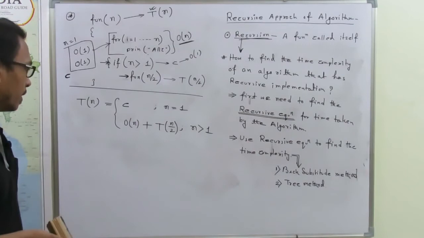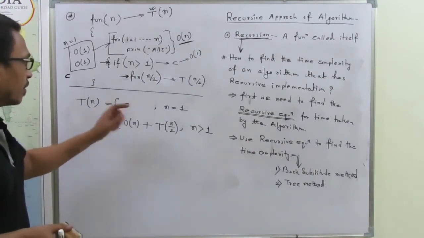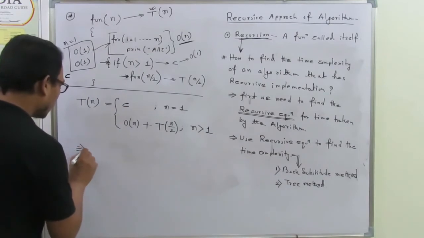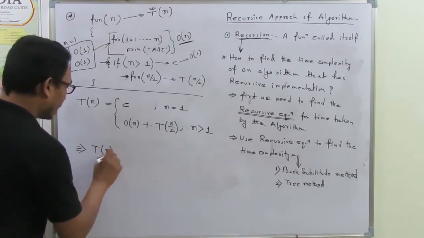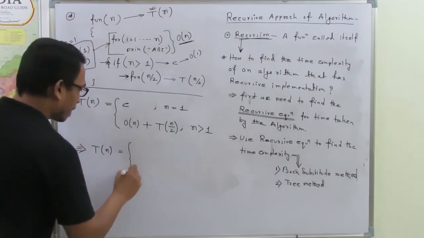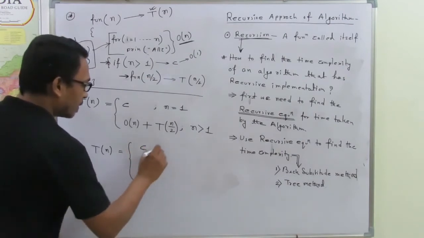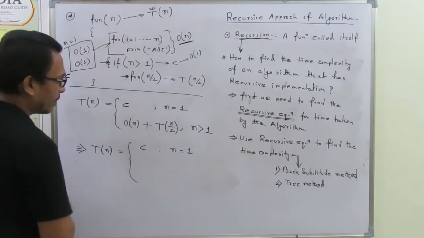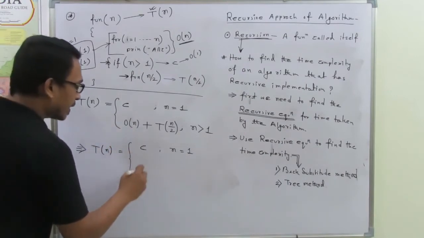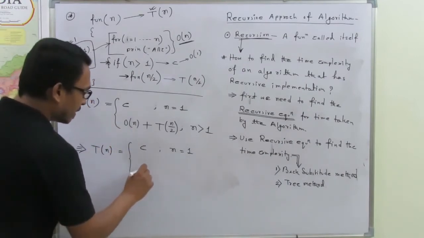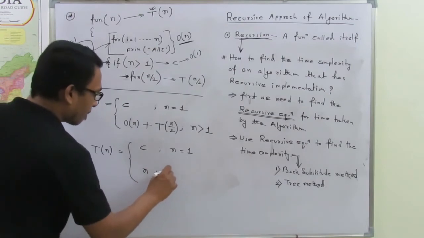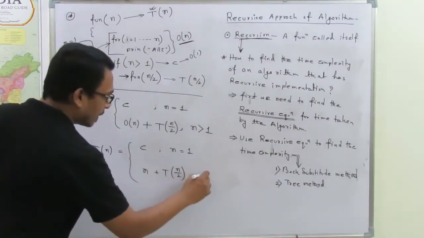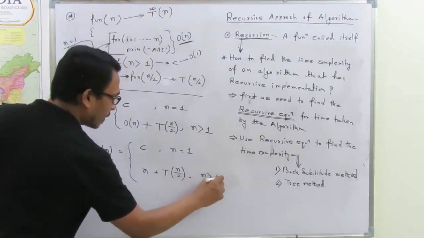Now we can simplify this particular function as t of n equal to c when n equal to 1, and order of n we can directly represent as n only, so n plus t of n by 2 when n is greater than 1.